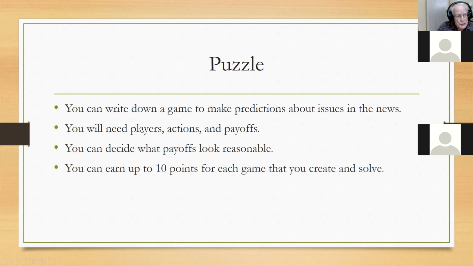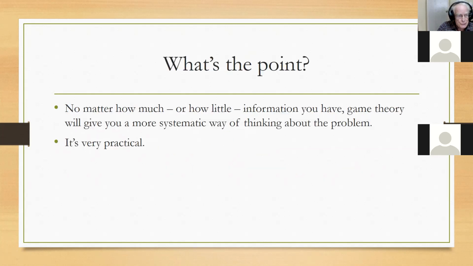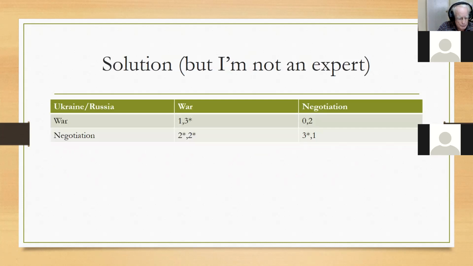So, for example, in the game we have just analyzed, the players are Ukraine and Russia, the actions are negotiation and war, and the payoffs are drawn in the matrix. One thing to note, it may not be the case that both players have the same strategies. The strategies may differ, and that's fine.